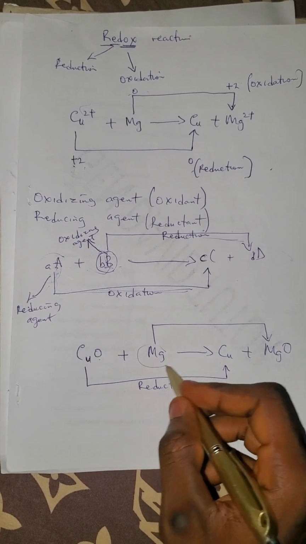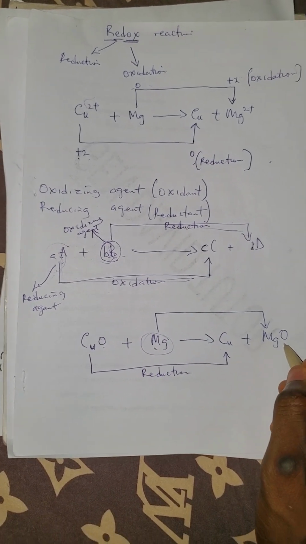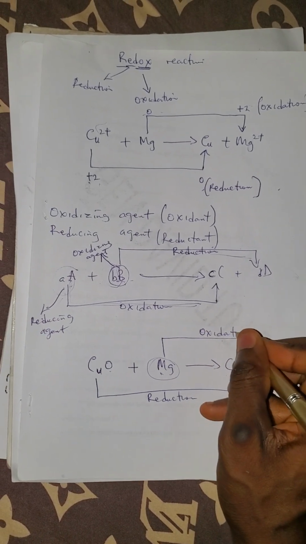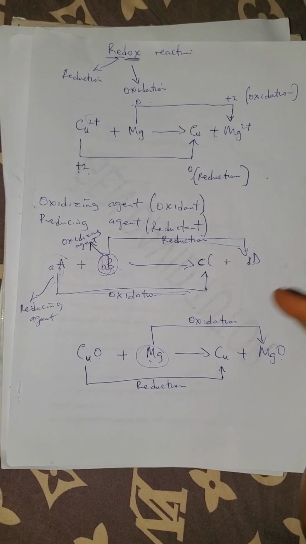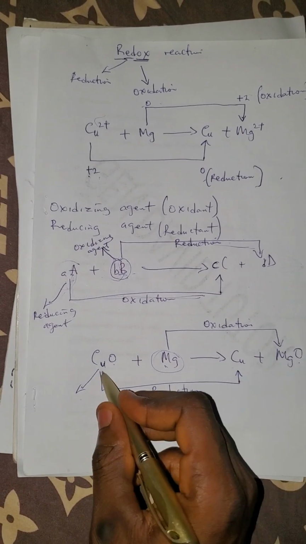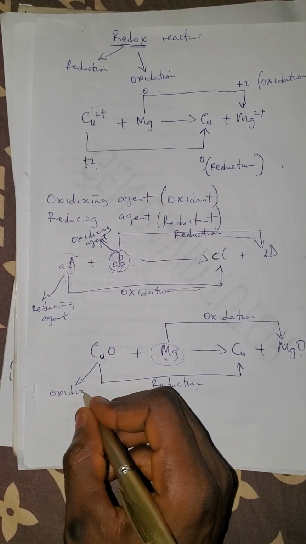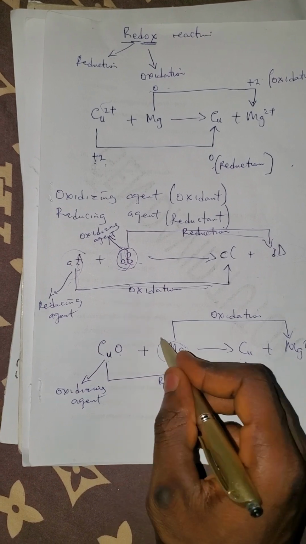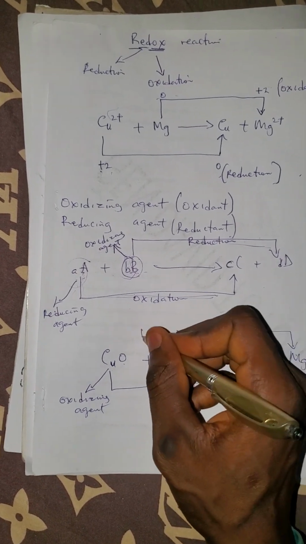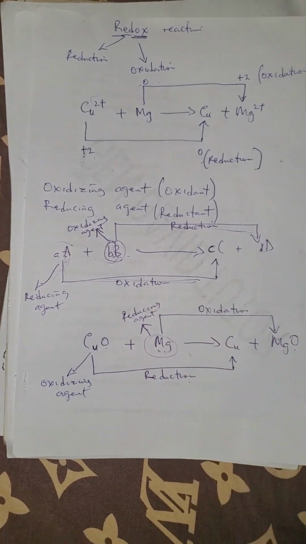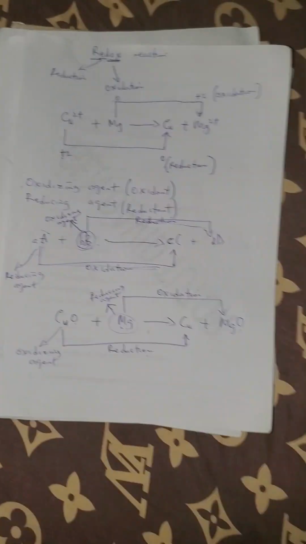But here, there is no oxygen initially, but oxygen is being added, and addition of oxygen is called oxidation. Since I know this as oxidation and this as reduction, the one that undergoes reduction is my oxidizing agent, and the one that undergoes oxidation is my reducing agent. That is the difference between oxidizing agent and reducing agent.